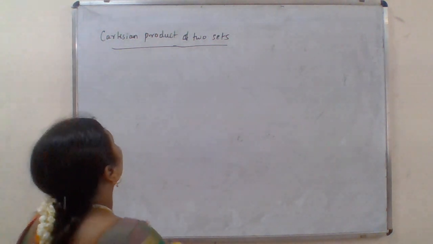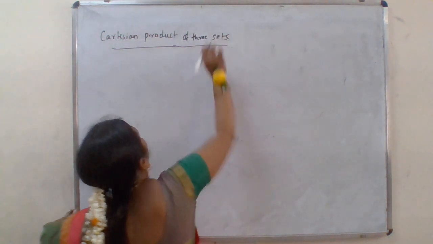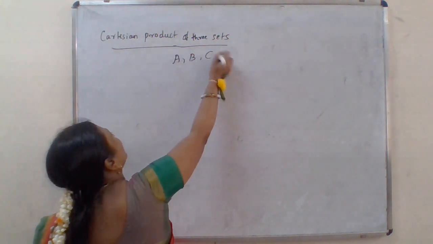So next one, Cartesian product of three sets. A, B, C are any three sets.